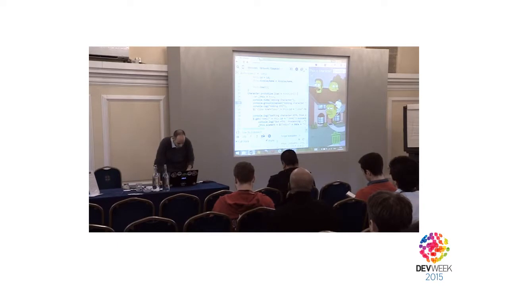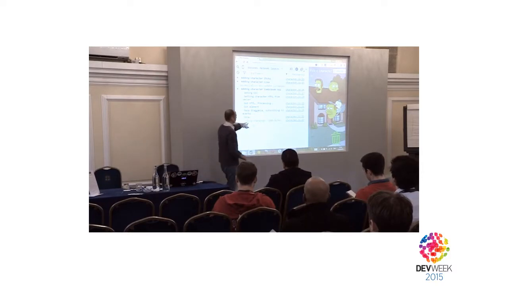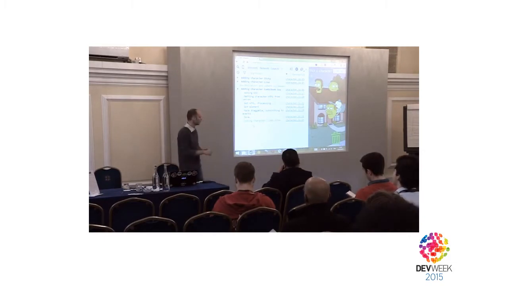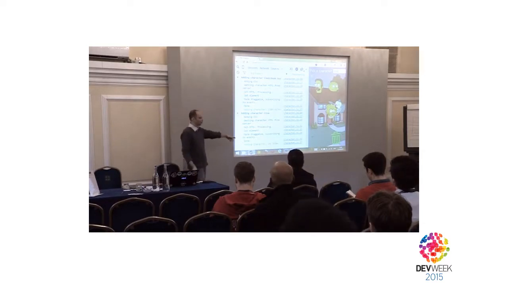So let's remove this. But now, in the console, you can see it said adding character, and it took more than a second. It took more than a second because it had the breakpoint, and I needed to click. But if we add another one, then you will see it right away. So it says it took 20 milliseconds.